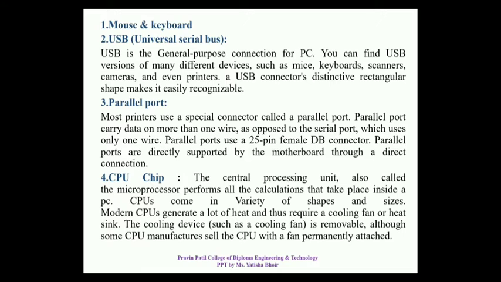Most motherboards have the parallel port. The parallel port carries data on more than one wire as opposed to the serial port. The difference is that on the serial port you can attach only one wire, but on the parallel port you can attach more than one wire. So for that the parallel port is used.